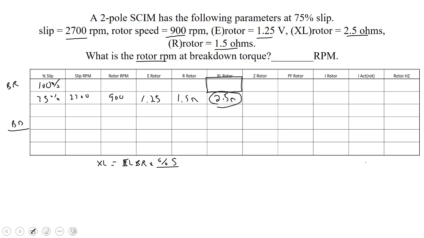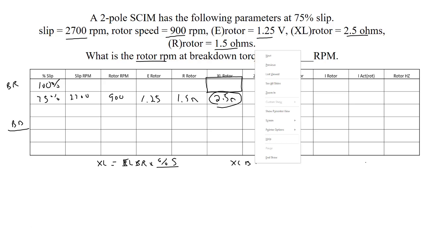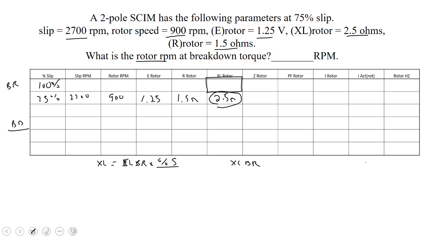So to calculate my XL blocked rotor, it's going to be equal to my XL divided by whatever percent slip I'm at. So 2.5 ohms divided by 0.75, and that comes out to about 3.33 ohms. So I'm going to go ahead and put that up here, 3.33 ohms.